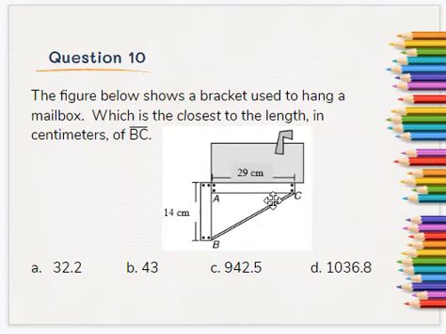So we're trying to determine this length right here, given 14 centimeters as one of your sides and 29 centimeters for your other side. You need to determine which one is a leg or a hypotenuse, and are you given legs, or are you given a leg and a hypotenuse?